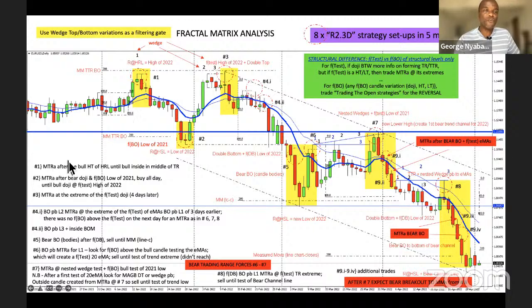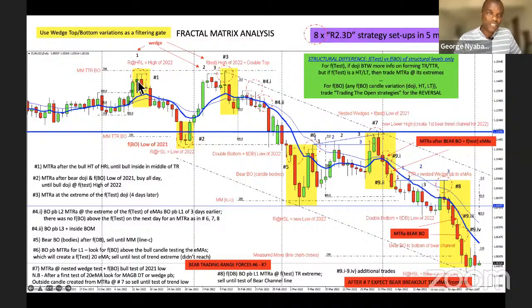Okay, so what I'm looking for here at number 1, I'm looking for a major trend reversal alert. I haven't seen this particular candle, but I've seen a breakout. I've seen a high test, which is a reversal at a hidden resistance level. And that eventually becomes the high of 2022, and the hidden resistance level is this measured move tight trading range breakout we spoke about.